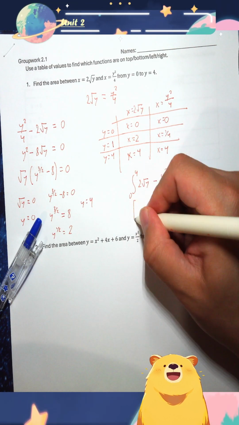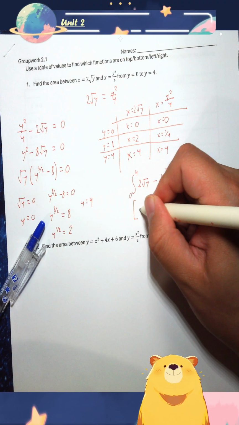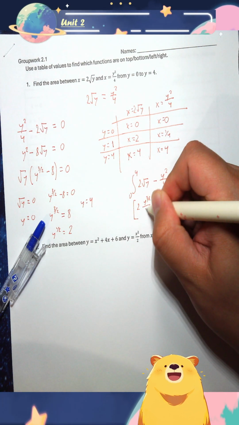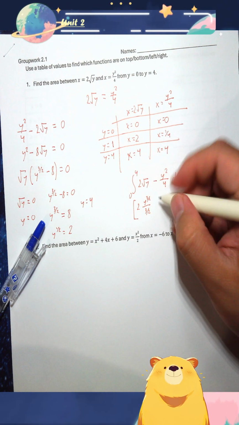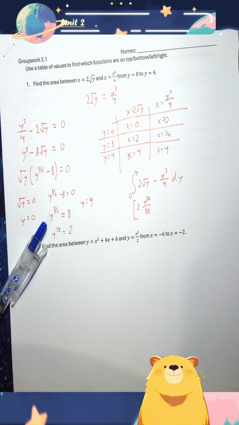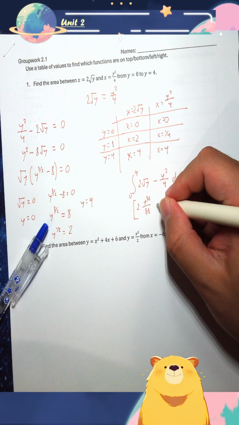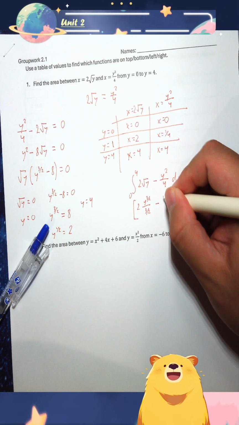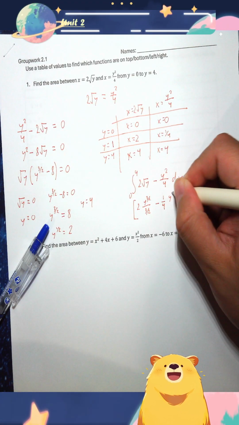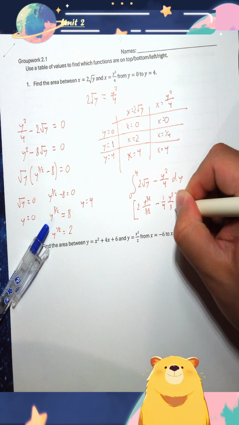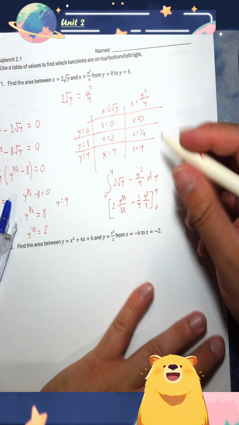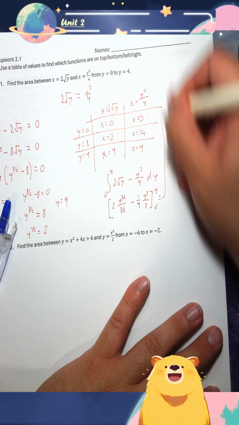And then we have 2y to the power of 3 over 2 over 3 over 2, minus 1 over 4, y to the power of 3 over 3, from 0 to 4. I'm going to simplify that first.